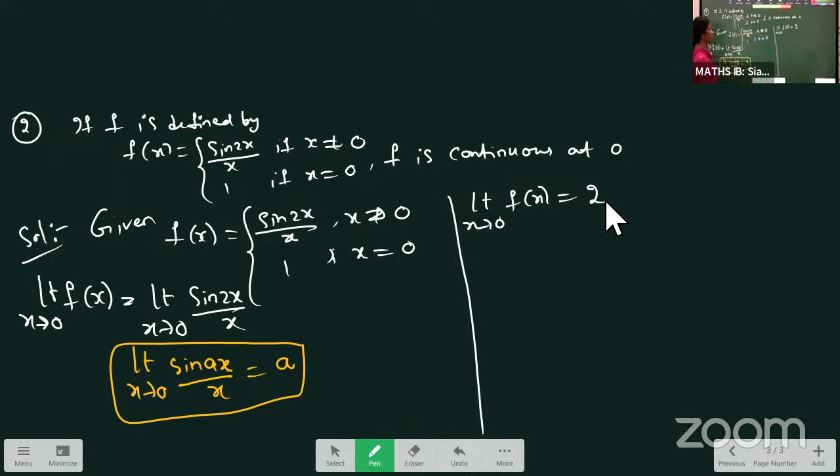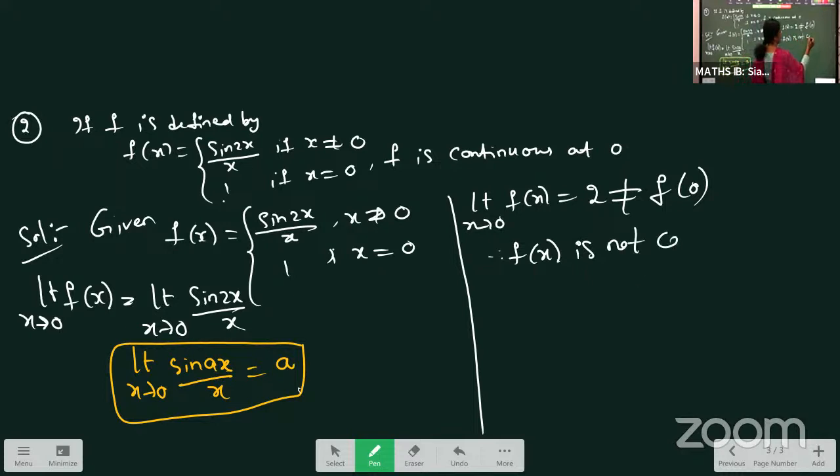But in the question, at x is equal to 0, f of x value how much is given? 1. But it is not equal to f of 0. Therefore, what is the conclusion here? f of x is not continuous when x is equal to 0, or at x is equal to 0. Like this, we have to do this.